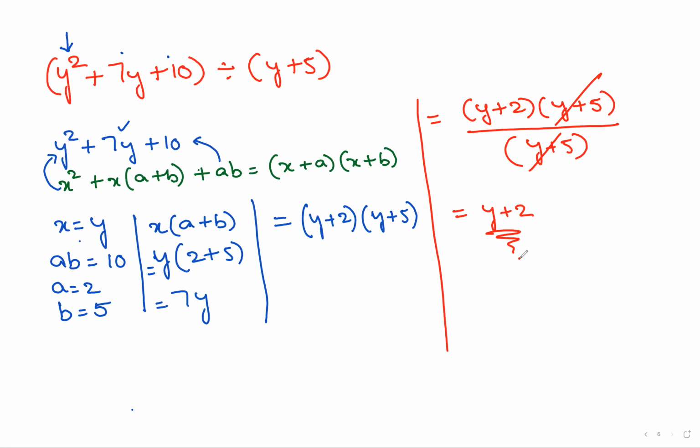If the first and third ones are perfect squares, then you have to go with the first identity and second identity. If you have only two terms, both perfect squares, and you have negative in between, you have to go with the third identity: a square minus b square is equal to a plus b into a minus b. Is it clear?